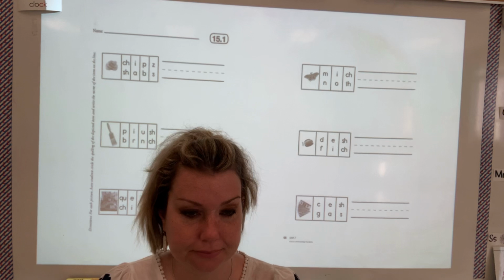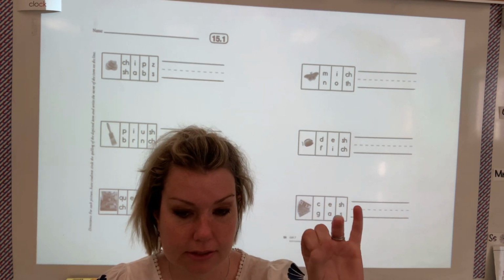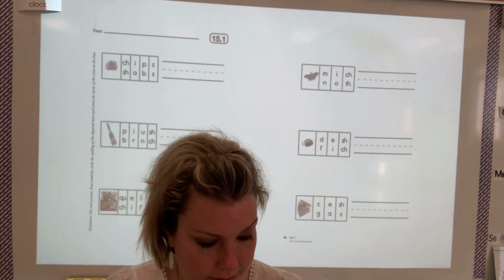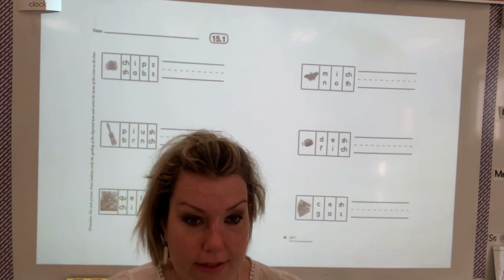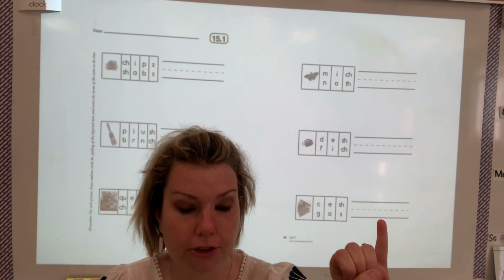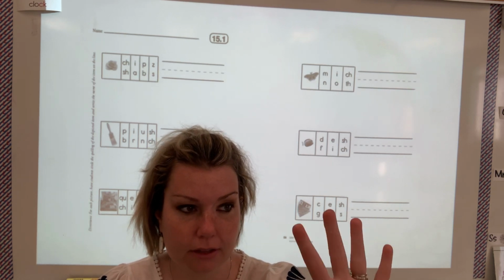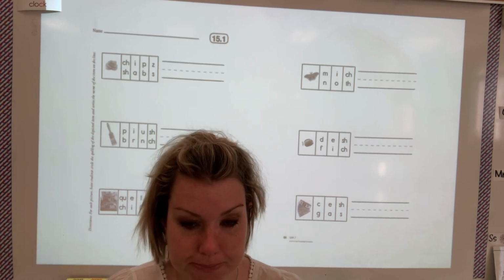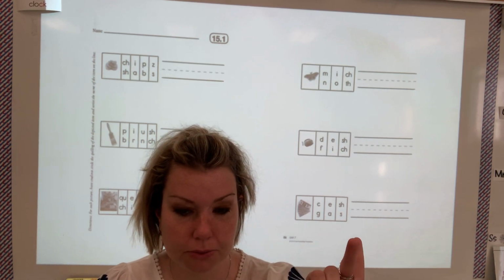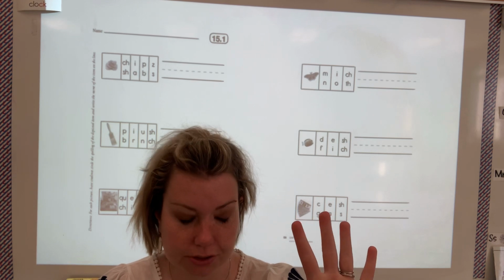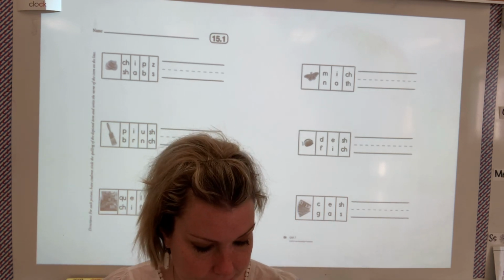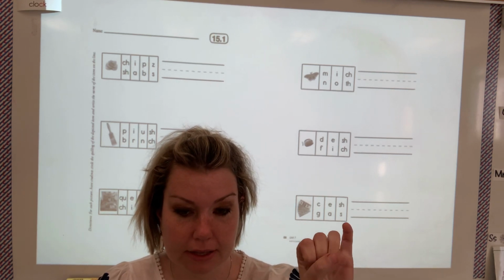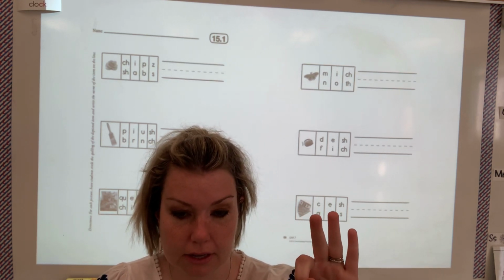Stamp. Frill. Frill. Trash. Trash. Bench. Bench.